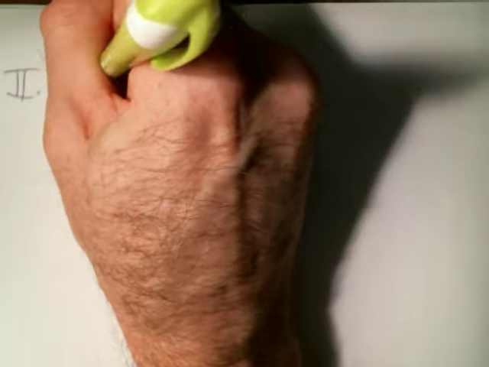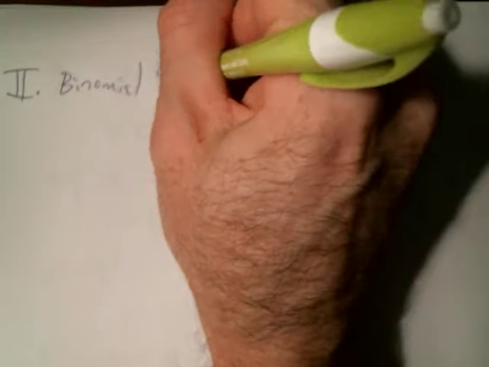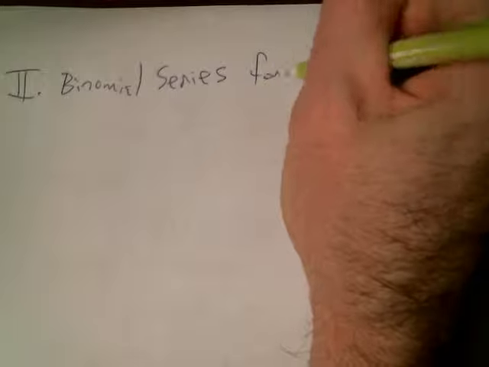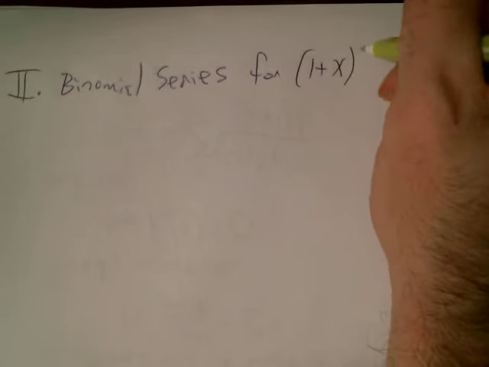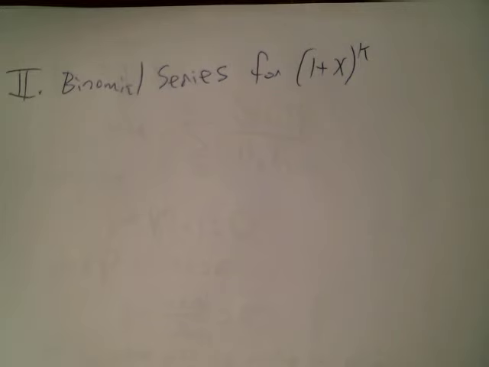The binomial expansion we have from basic algebra, and you can use Pascal's triangle to figure it out, but we want to look at the binomial series for expressions like 1 plus x to any power k, where k can be a rational number in addition to just an integer. Okay, so the way we derive it is the same way as before.